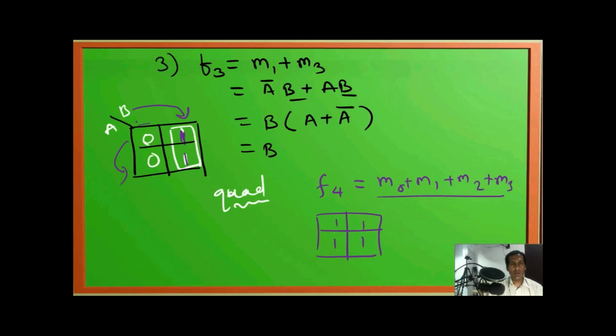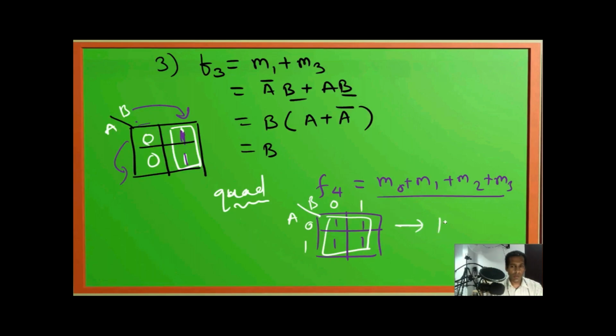So here we can make a square box of 4. All 4 will be combined. Here we have A, here we have B, 0, 1, 0, 1. So on these squares, how will f4 be read? No variable remains constant throughout the square, which means that the output is a 1 for any combination of inputs.